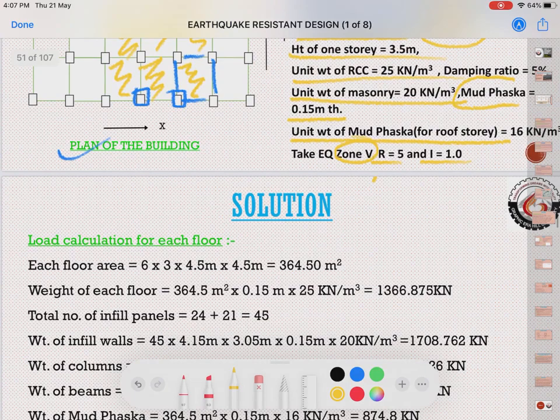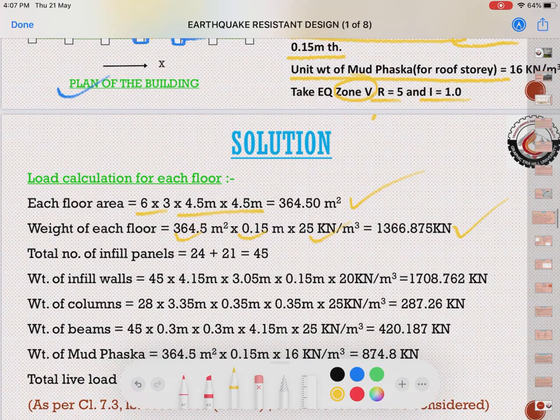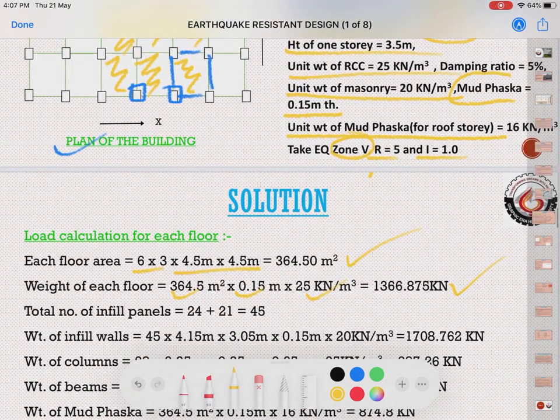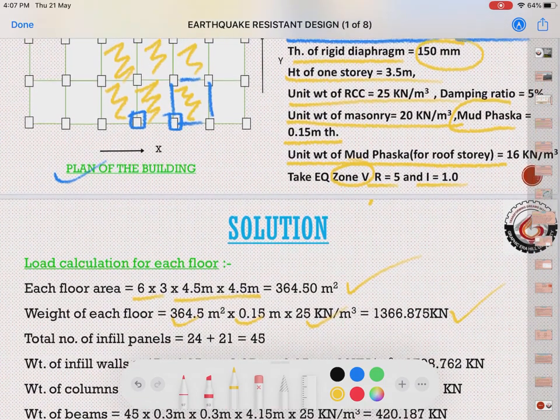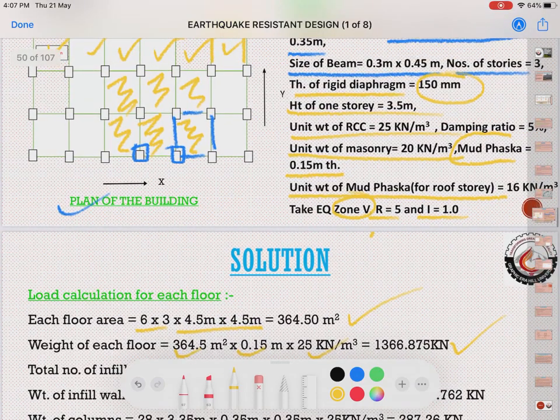There are 6 by 3, so 18 floor panels. This is the total area of floor. When we multiply this total area by the thickness, we get the volume of floor, and multiplied by the density of concrete, we get the self weight of the total floor.